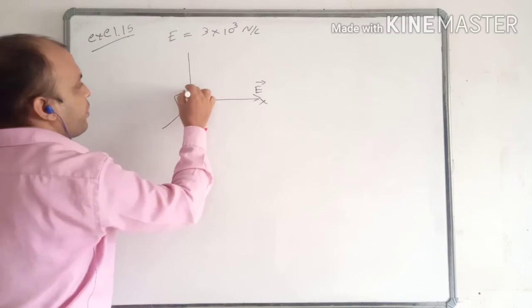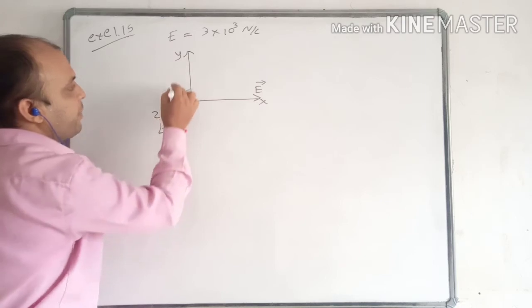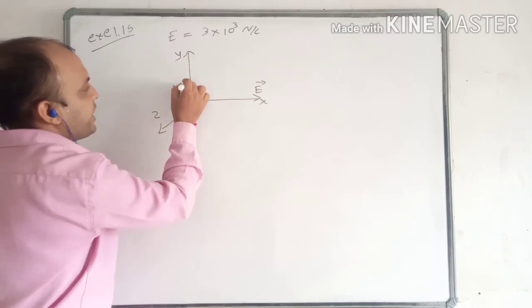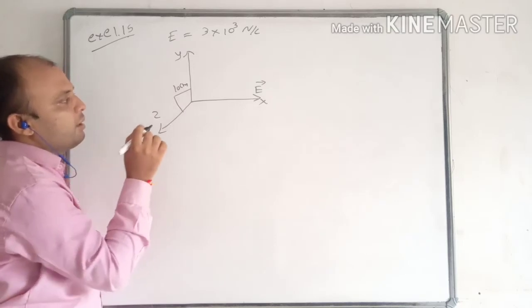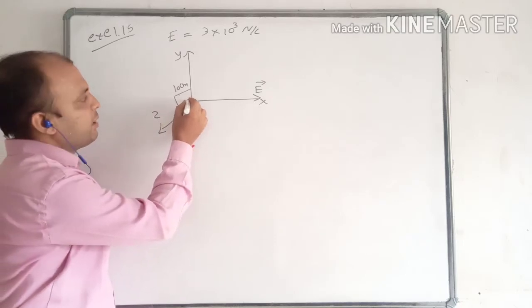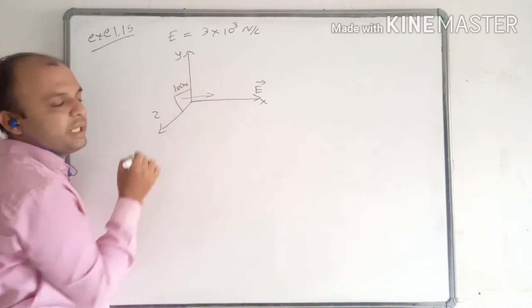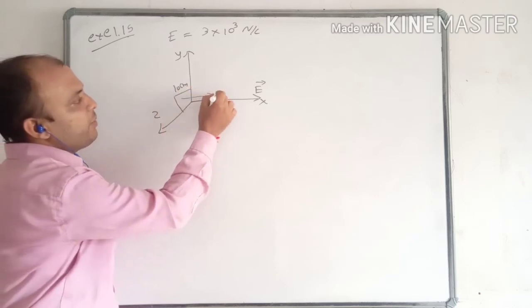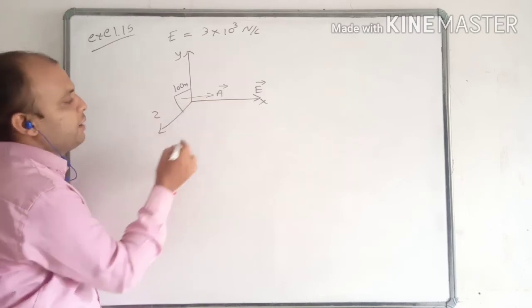Now in the Y and Z axes there is a plane having dimension 10 centimeter. So the area vector for this surface will also be along x.